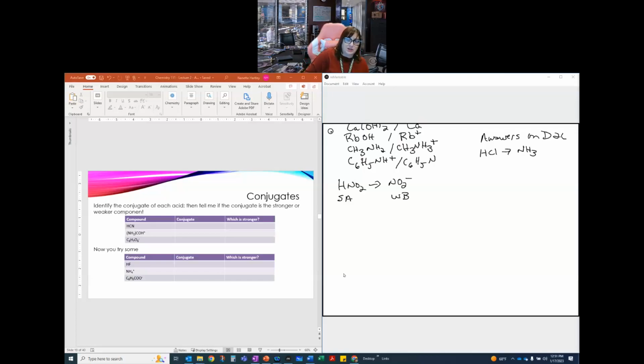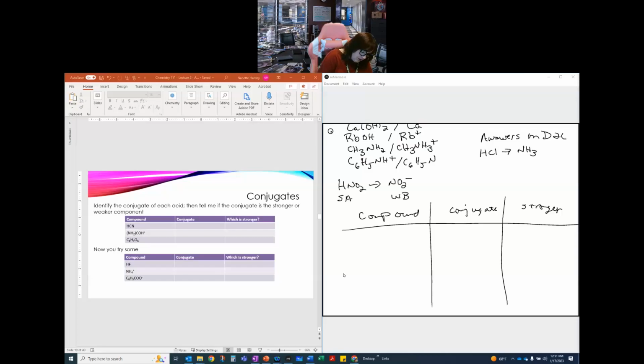Conjugates. So let's do a little more practice with these conjugates. So I've got these tables. I have a compound. I want to know what the conjugate is. And I want to know which one's stronger, based on the fact that they're sort of opposites of each other. So HCN. I know that HCN is an acid.